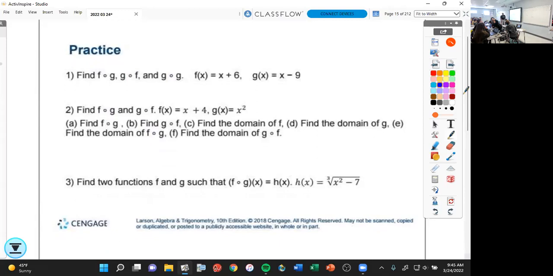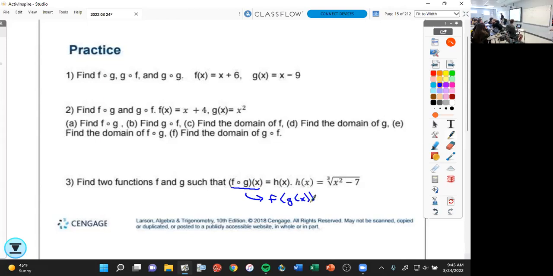Let's do number 3. It says find two functions f and g such that f of g of x equals h of x, and h of x is the cubed root of x squared minus 7. So remember, f of g of x means f of g of x.